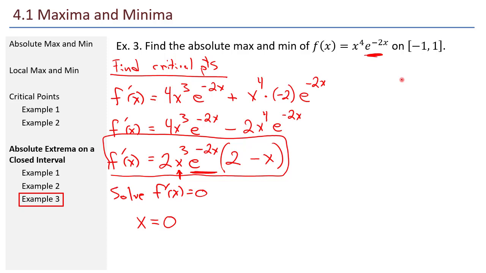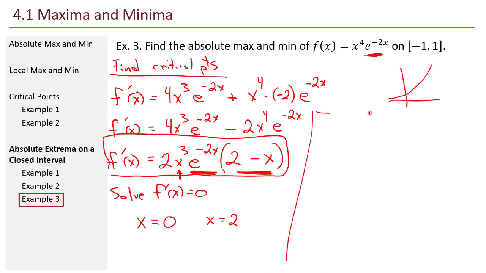E to the x is never 0, so e raised to any power is not going to be 0. So this factor can never be 0. So I'll move my attention to my final factor on the right, 2 minus x, in which case x equals 2. So there are two values of x that can make this derivative 0: x equals 0 and x equals 2.